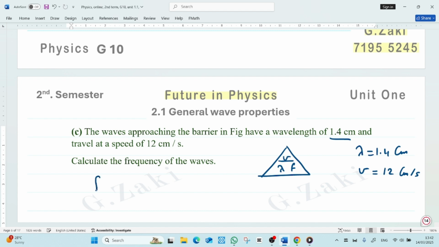Then the formula is that the frequency equals V over lambda. V is the speed, 12, over lambda, 1.4. The answer is 8.57 to 3 significant figures, and the unit will be hertz.